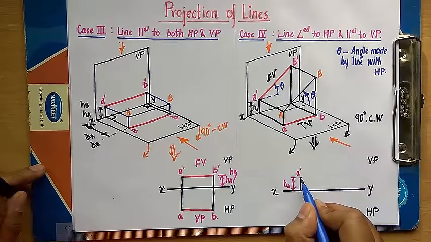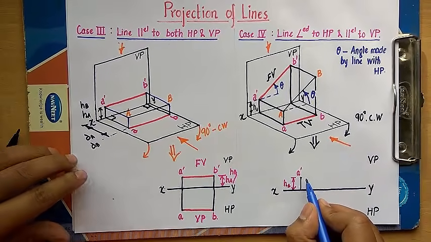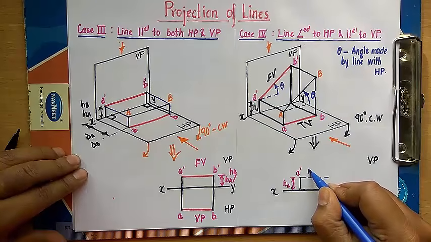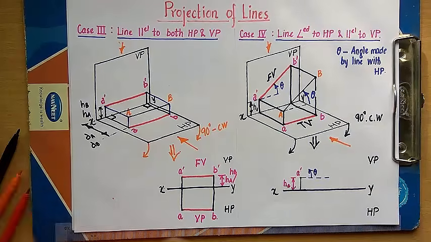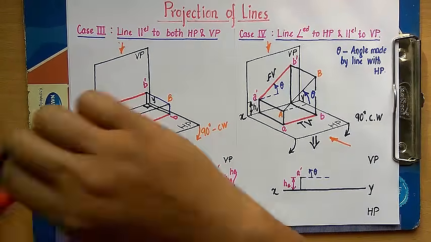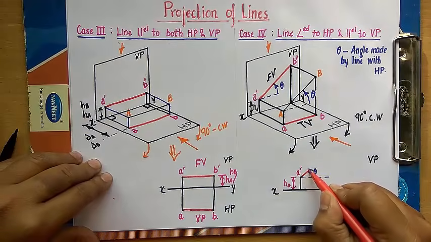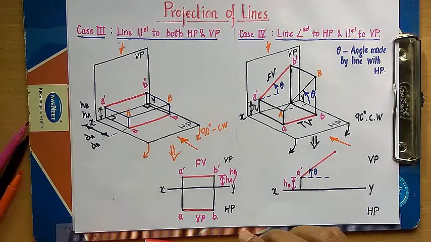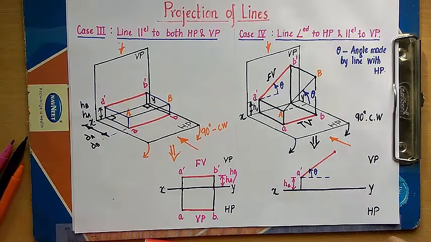Now this line is making a certain angle with the horizontal plane, and this angle is theta. All right, so I'm going to take an angle theta, and I'm going to draw this true length. So this true length, the distance could be anything. We'll be working out some problems based on this in the future classes.